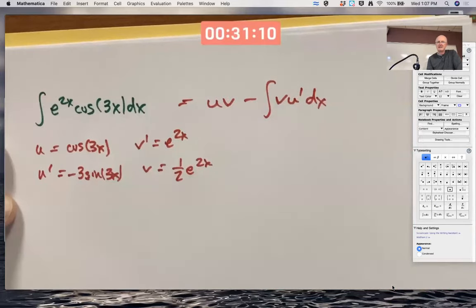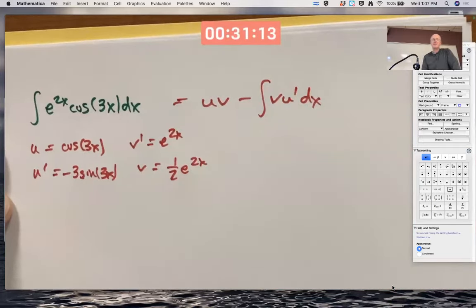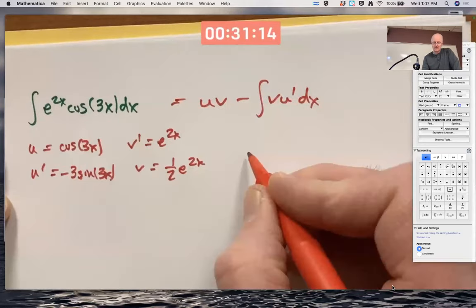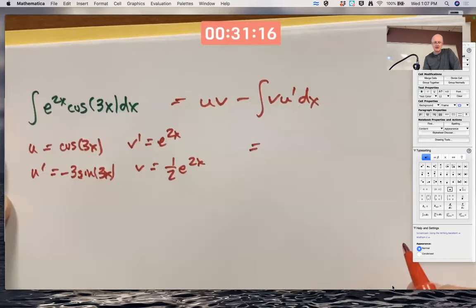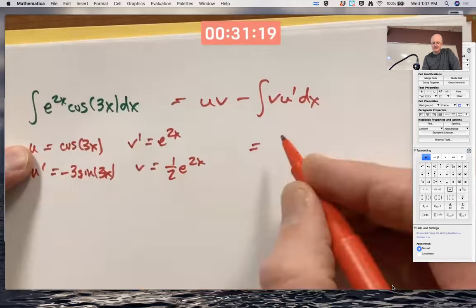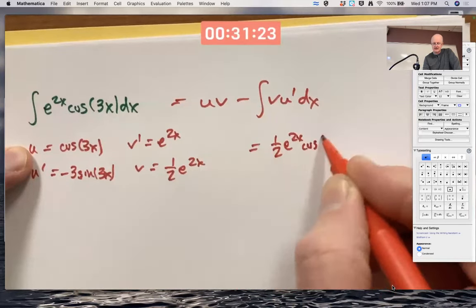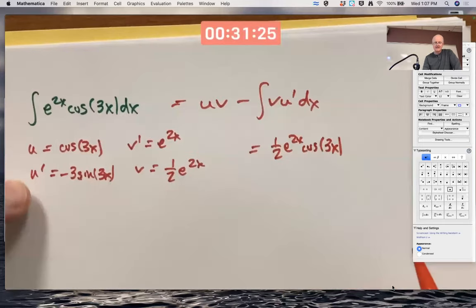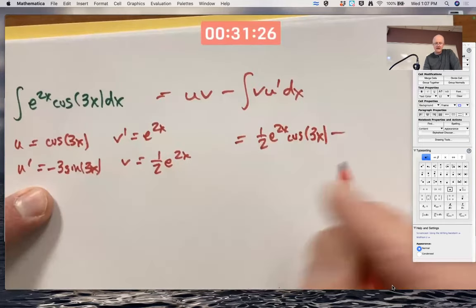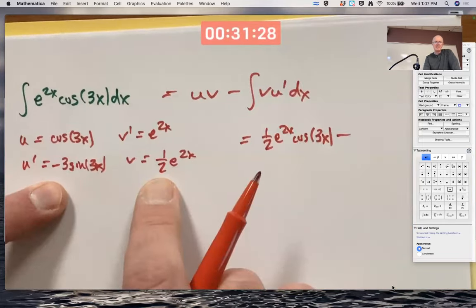Everything's a function of x. u times v is the product of these two things. 1/2 e to the 2x cos 3x minus the integral of v times u prime, the product of those two things.